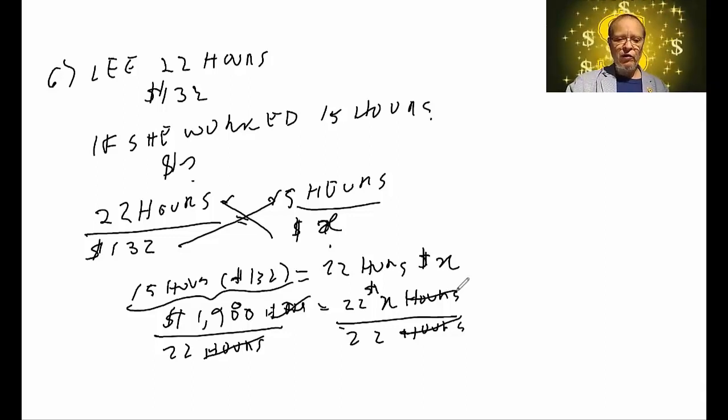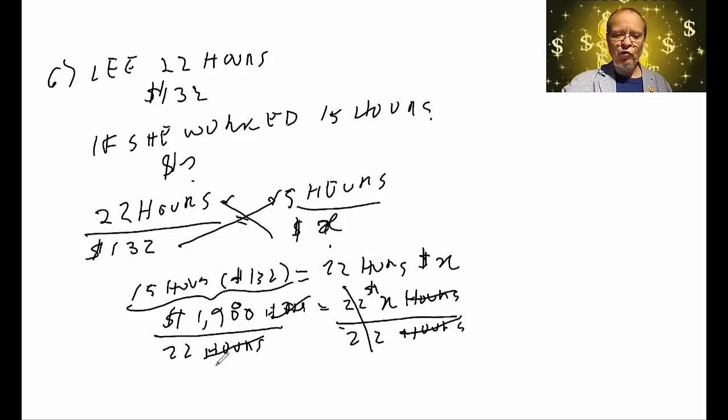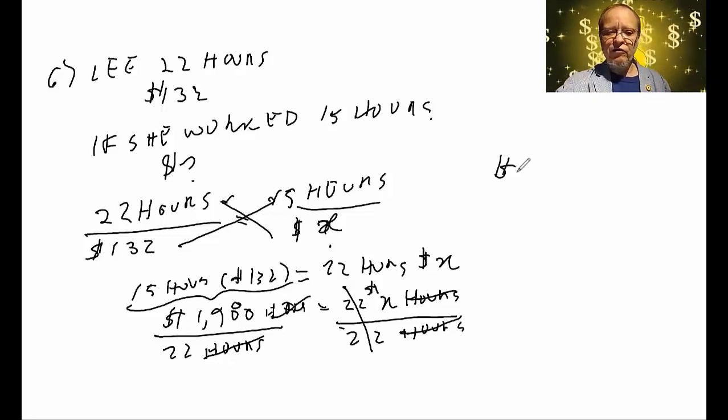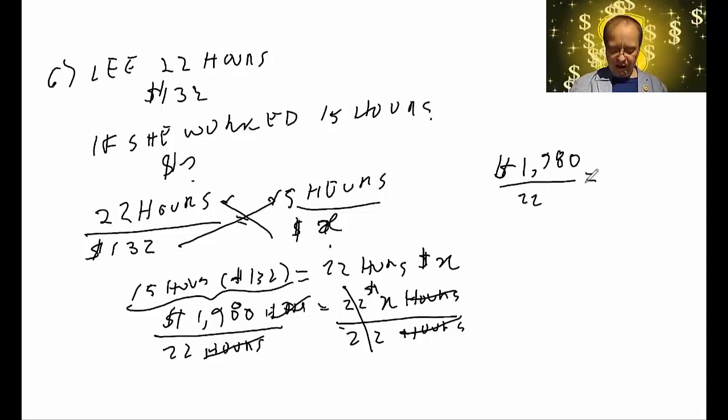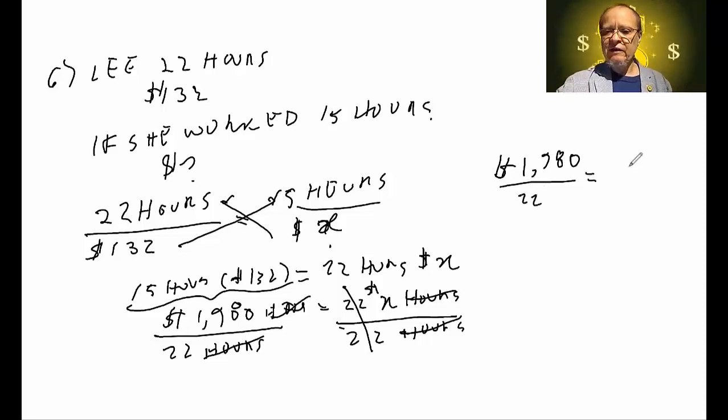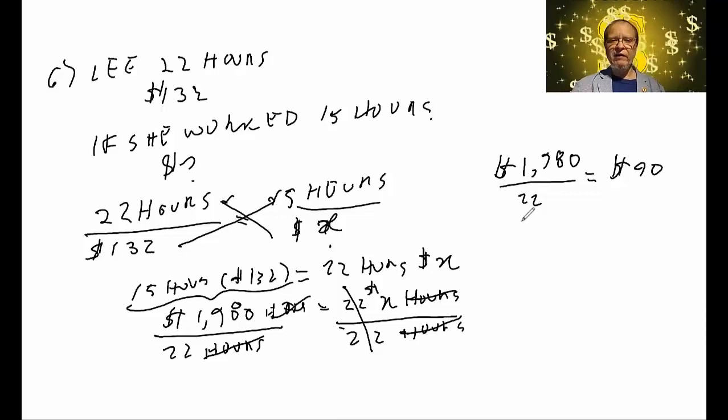So we're left with $1,980 divided by 22, and that gives us $90. So in 15 hours, she will make $90.